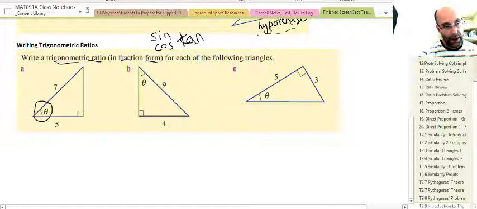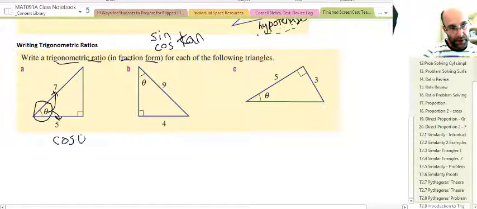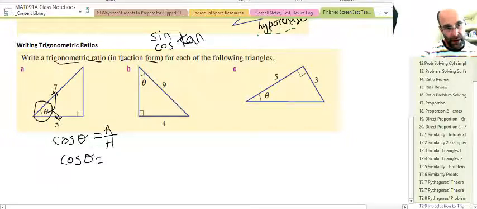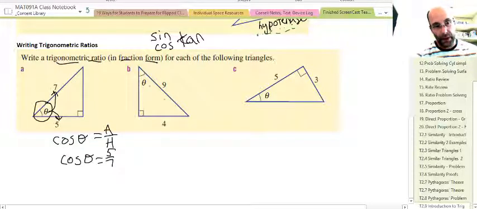We have an adjacent and we have a hypotenuse. So CAH, or can't always hide, cos is adjacent over hypotenuse. I'm just writing A over H. So to get cos theta, we go adjacent over hypotenuse, and in this particular case it's 5 over 7.